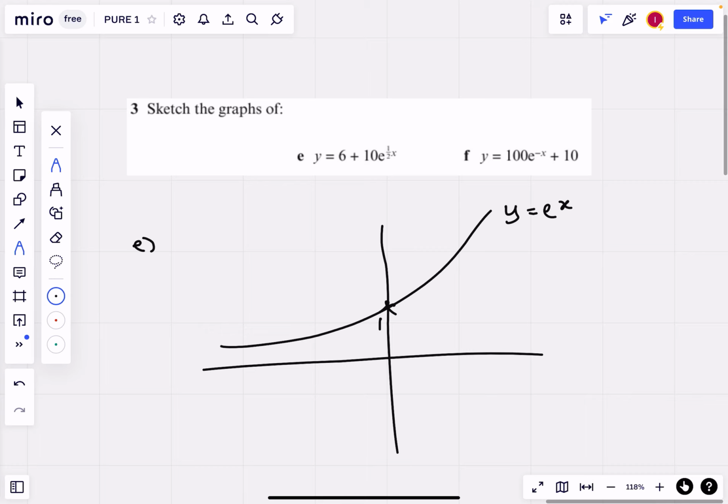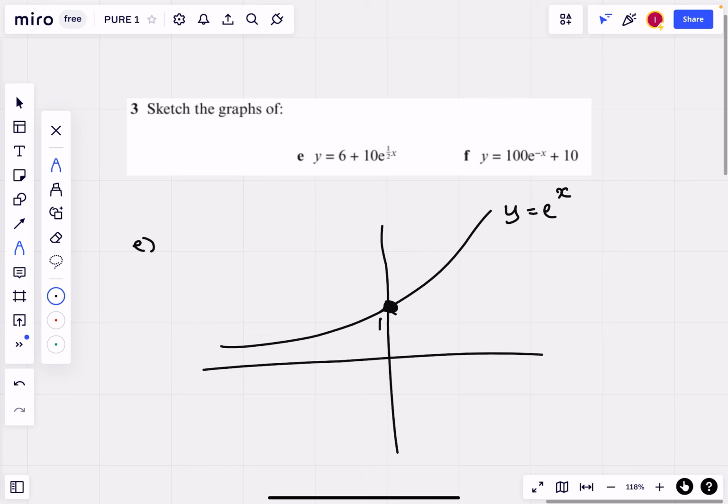We are doing multiple transformations to this. We're affecting x and we're affecting y. Let's focus on that point 1, and let's see how that moves.